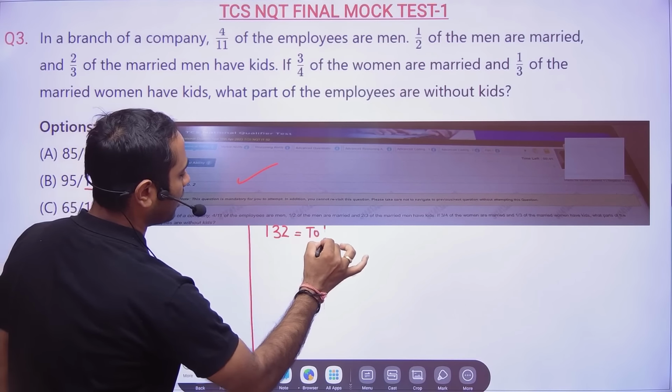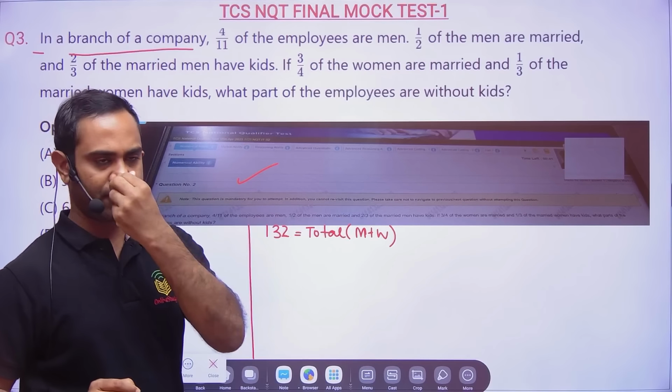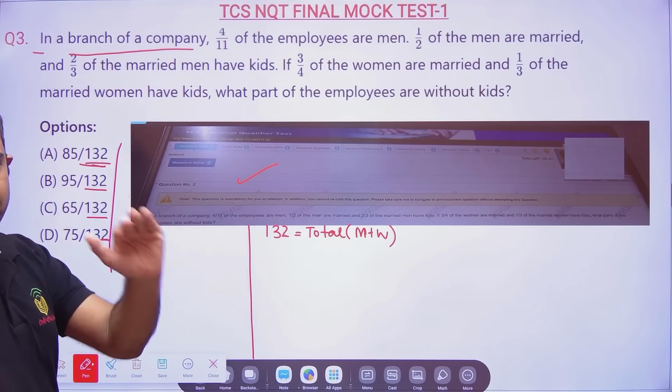Since these options were there and this is a multiple of 11, even if you assume, you will have to assume in multiples of 11 only. They're asking what part of the employees are without kids, so always at the bottom you will have the total.